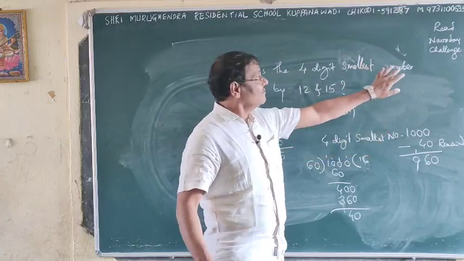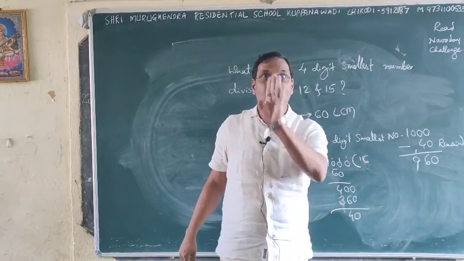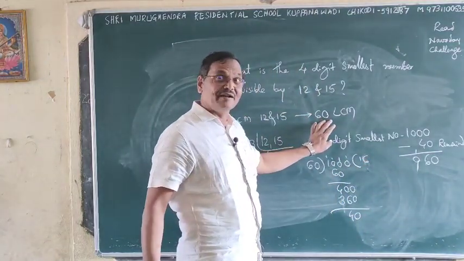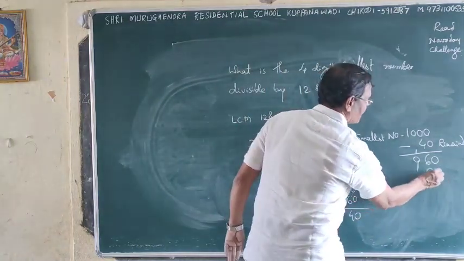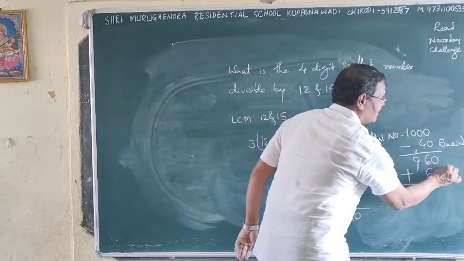They asked for a 4-digit number, whereas ours is 3-digit. Don't be upset. Now, whatever number you found as LCM, that divisor should be added.